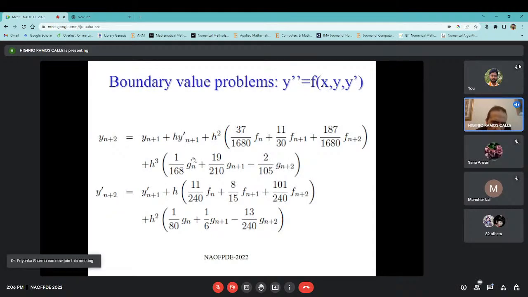You see that in these formulas there appear values of the derivatives, values of the function, and values of the third derivative of the solution, the first derivative of f. So we have these 2 formulas to get the approximate values.